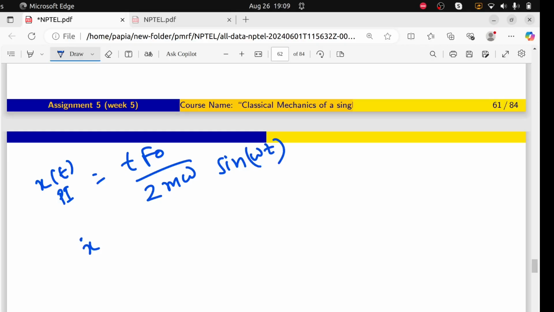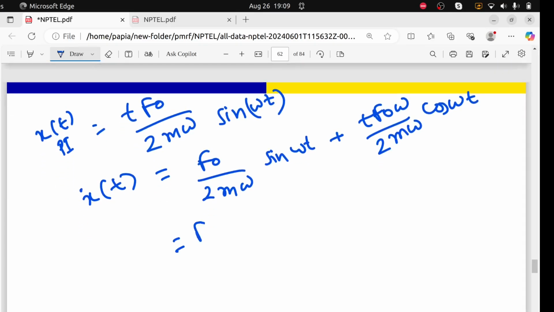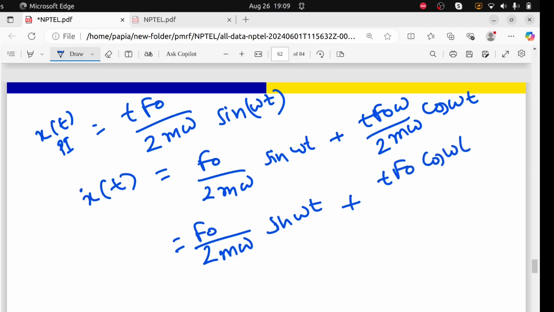Now I can write x dot of t as f0 by 2m omega sin omega t plus t f0 by 2m omega cos omega t times omega. So it will be like (f0 sin omega t)/(2m omega) plus t f0 cos omega t divided by 2m.